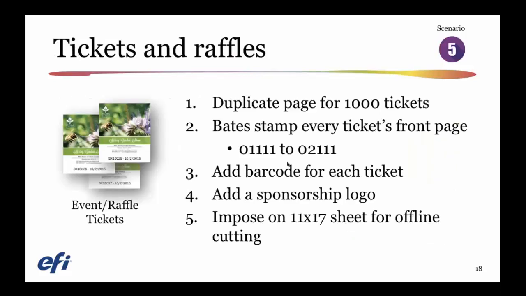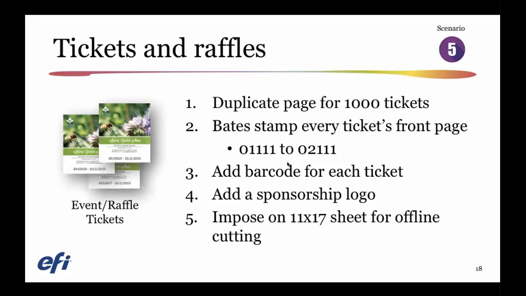All right, let's go into the last scenario, tickets and raffles. So if you have been using Fiery JobMaster, I'm sure you have seen a demo or how-to on a similar setup, which is producing raffle tickets. What is new for Command WorkStation 6 is the ability to insert images as stamps in addition to inserting text or numbers.